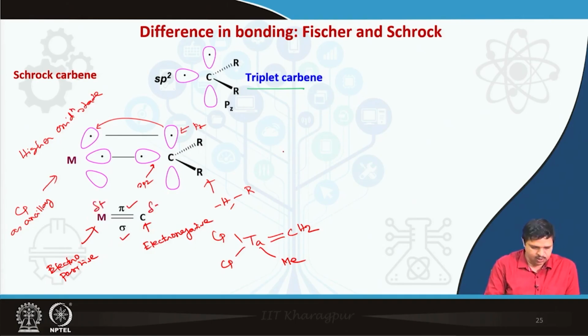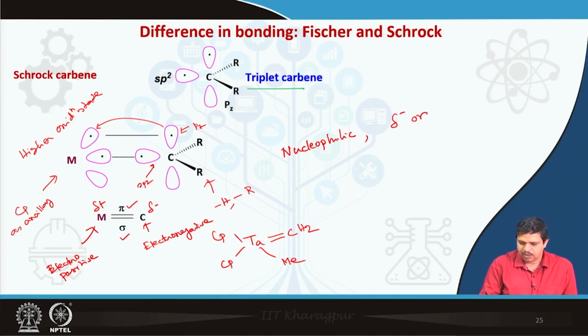So here you will see that the carbon is nucleophilic, as there is delta minus on the carbon. Okay, so that is the basic difference in the electronic properties between the Fischer and Schrock. Okay, and accordingly the reactivity differences are observed for the Fischer and Schrock carbene complexes.